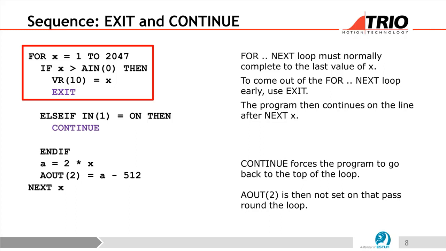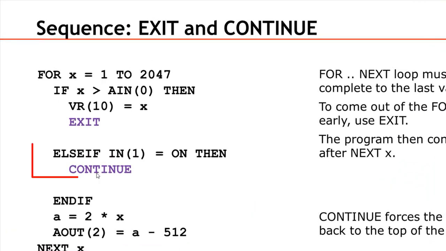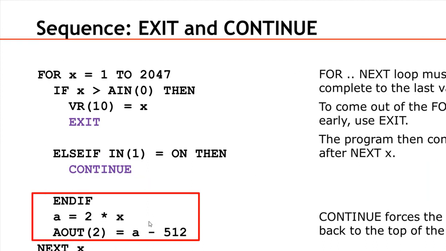Then the program continues on the line after the NEXT. Okay, and CONTINUE actually forces the program to go back to the top of the loop. So you can see here, if input 1 is on, then do a CONTINUE, and then the output 2 is not set on this pass round of the loop.